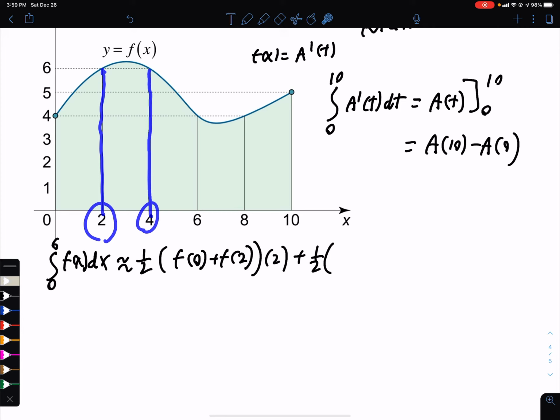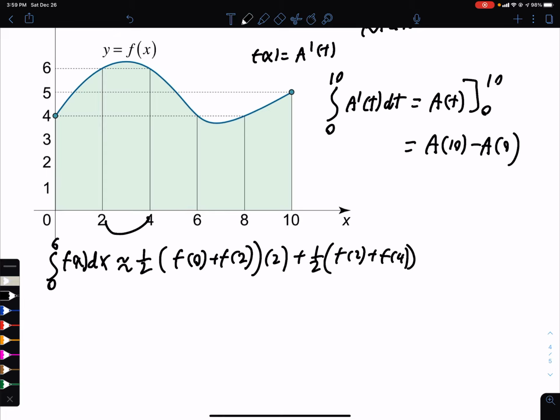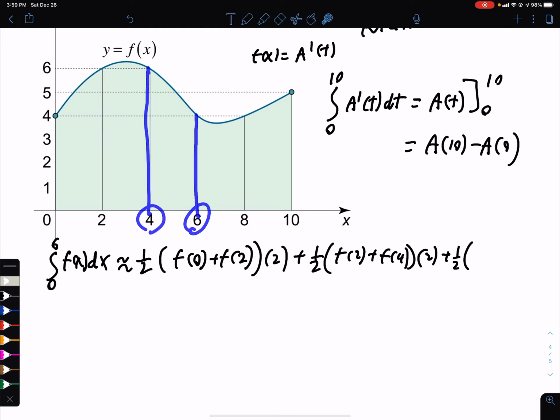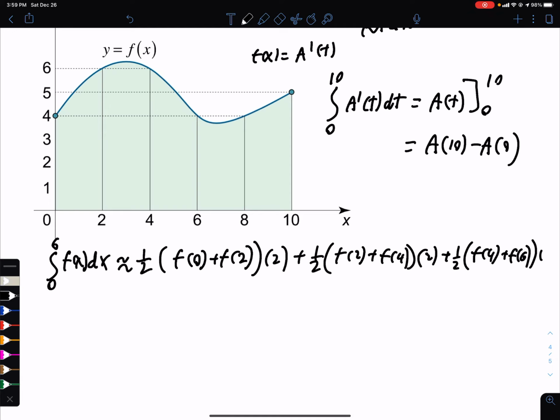My second base is f of 4. F of 2 plus f of 4. And the width again from here to here is 2. And the last interval is from 4 to 6. Base 1 is at 4. Base 2 is at 6. So it's f of 4 plus f of 6. And the width, again, is 2.